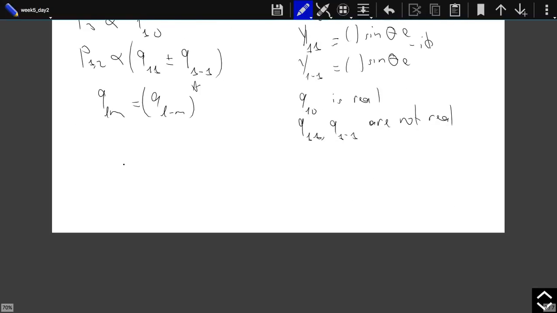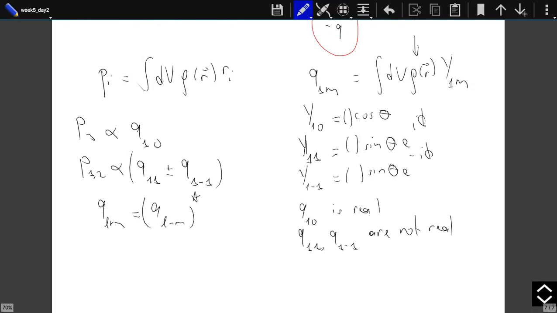And the z is something different. Here we have the z component. The z component is equal to the m equal to 0 part, which is real.